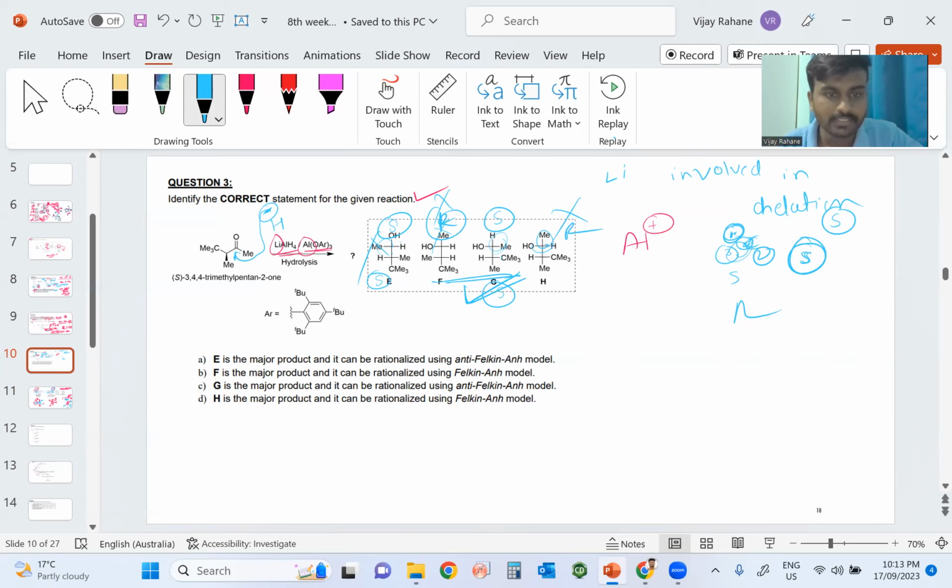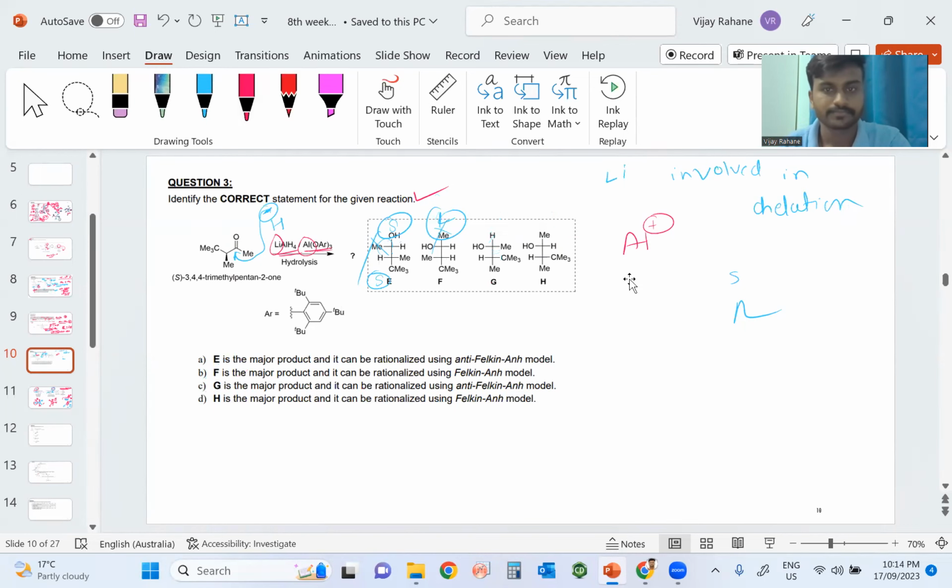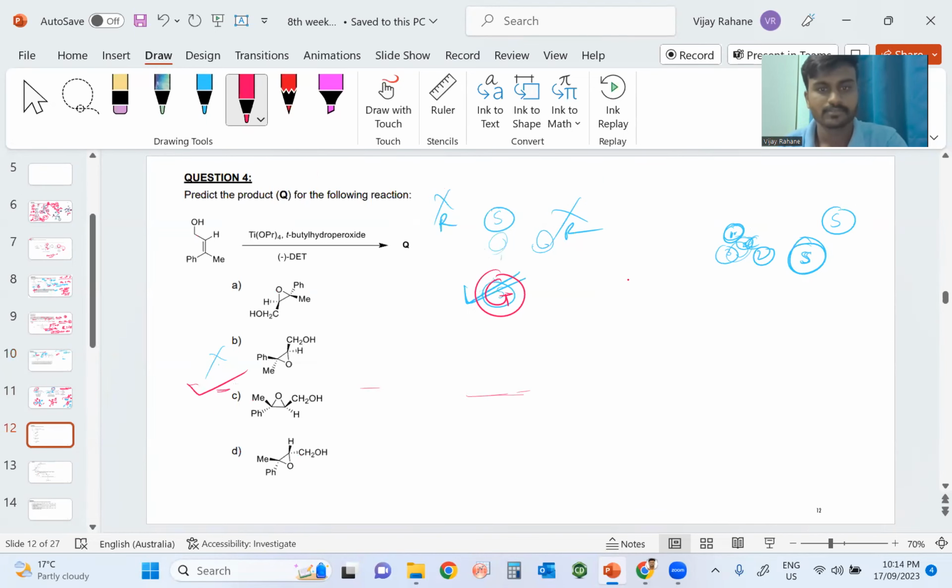So the E is the major product, wrong. It is G, right? So here you can see there is G written. So this is the G option, and option C, the G, is the major product formed in this reaction, also using the anti-Felkin model.